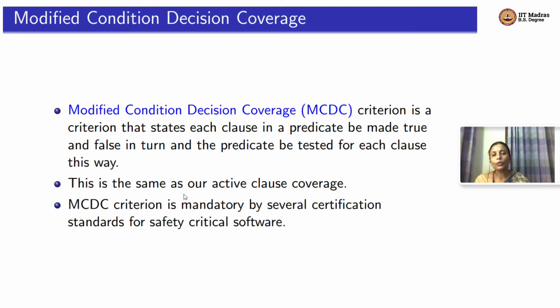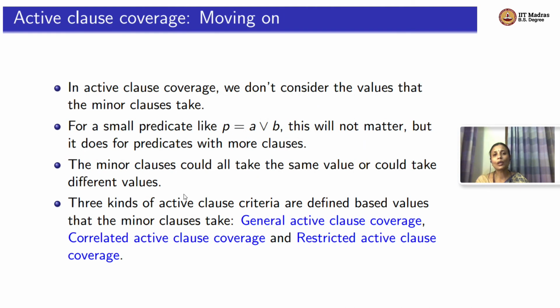Now in active clause coverage, remember, we are saying that each clause is a major clause and that major clause has to determine the value of P. We don't talk about what values the minor clauses take. For the minor clauses, we just say they should be such that the major clause can determine P. But suppose we start putting conditions on what values the minor clauses can take, then we can get 3 variants of active clause coverage.